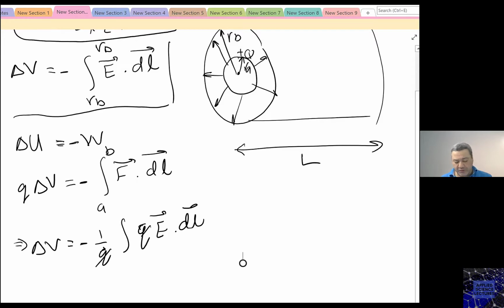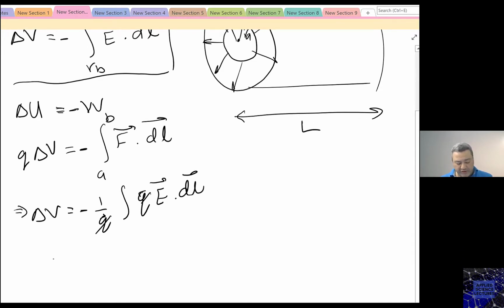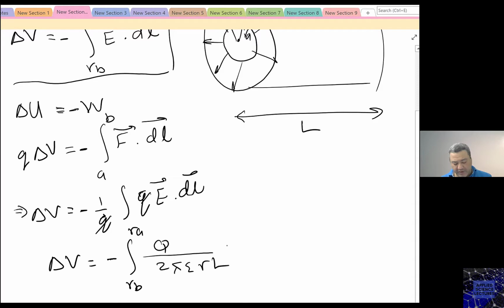Now let's continue. Here we have the potential difference delta V equals minus, again from Rb to Ra, the electric field, which is Q divided by 2 pi epsilon R L R hat, and dl in this case is along the radial axis, which is dr R hat.